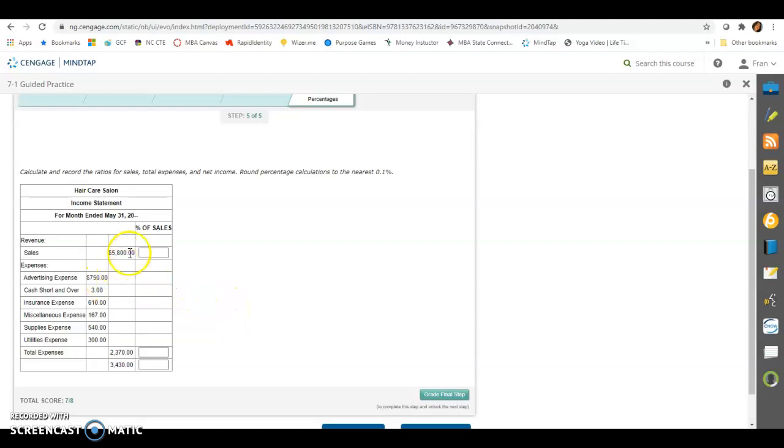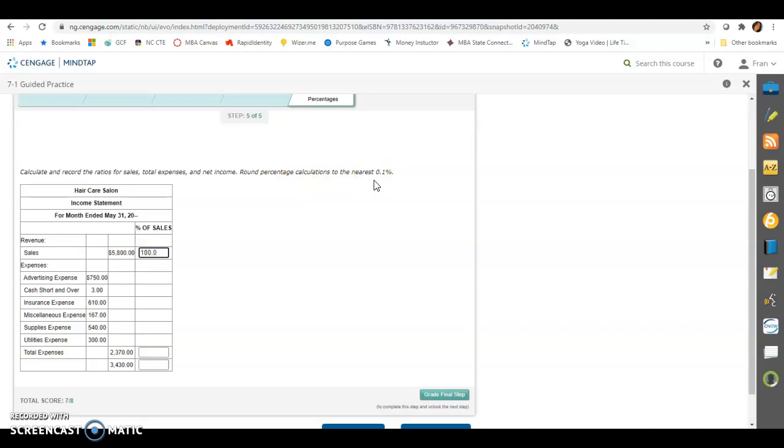All right, so now we're going to talk about percentage of sales. Look at what this says, percentage of sales. And also look up in the directions where it says you have to round to the nearest 0.10%. So what percentage of sales is sales? 100%.